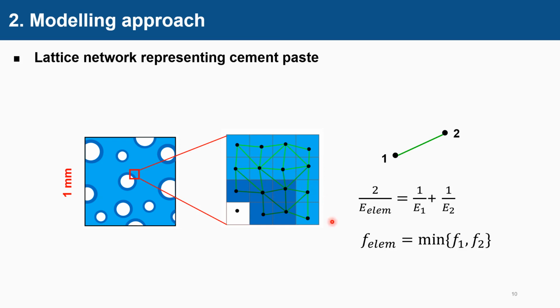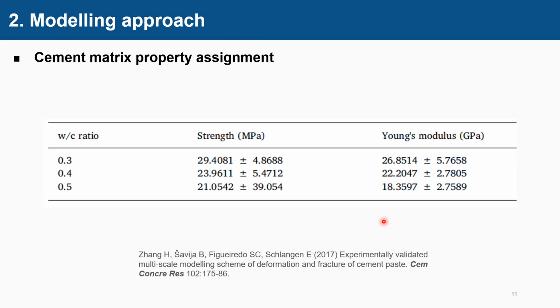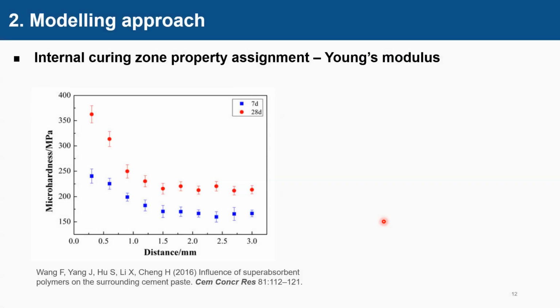Then we get the modulus and strength of each lattice beam from the two equations shown on the right that are generally used for lattice fracture modeling. Obviously, the strength and Young's modulus for voids are both zero. For cement paste matrix, the two properties are obtained from validated results in the literature.